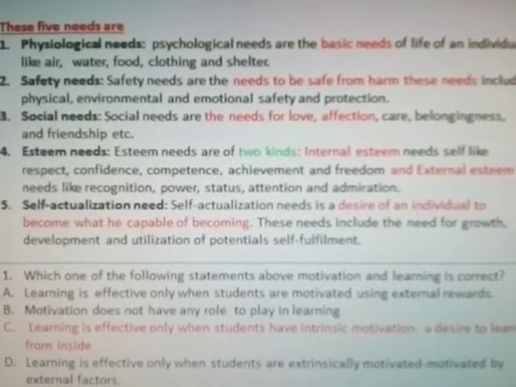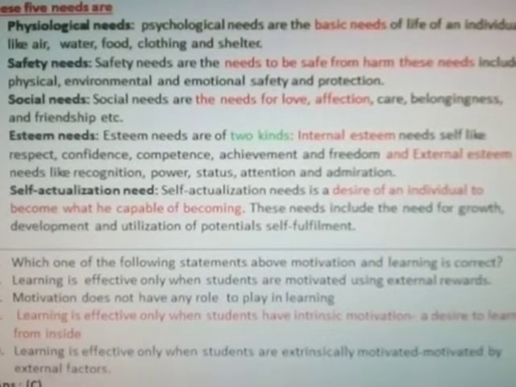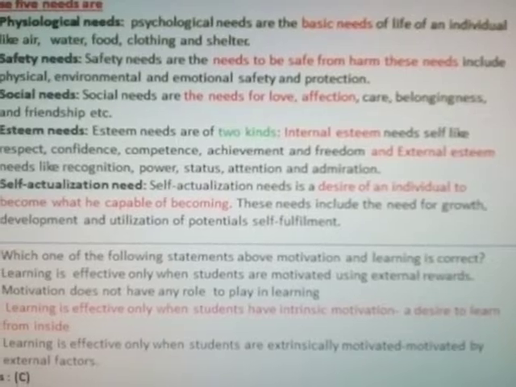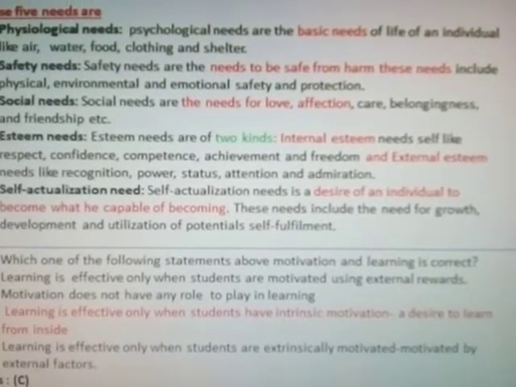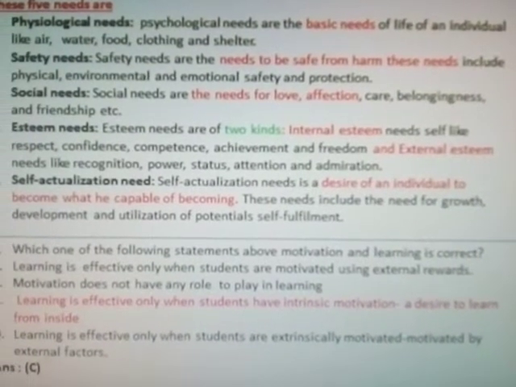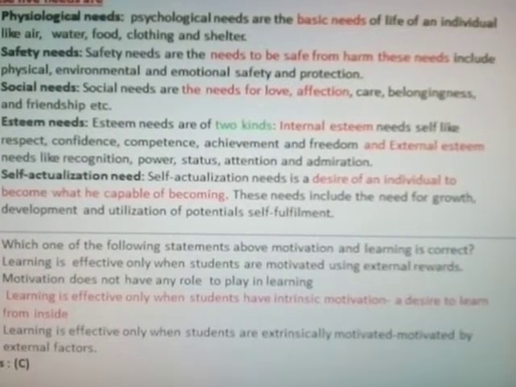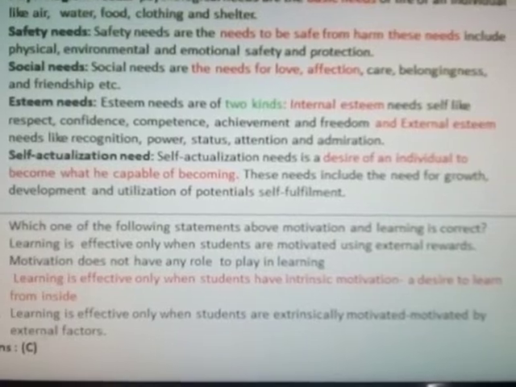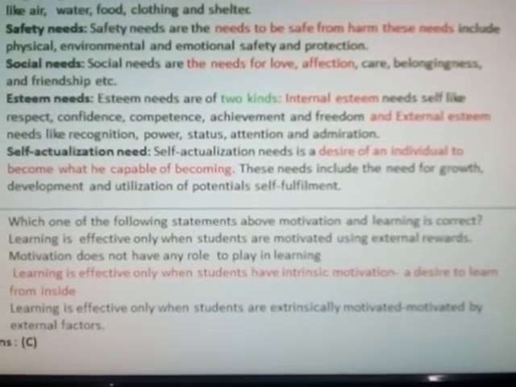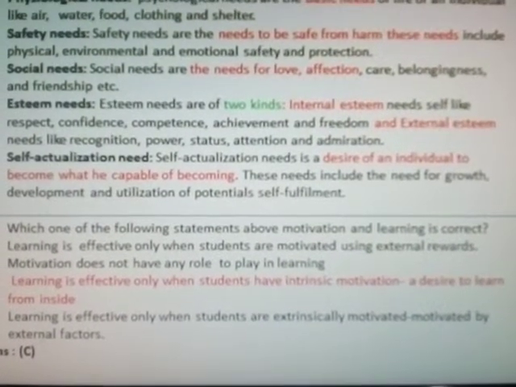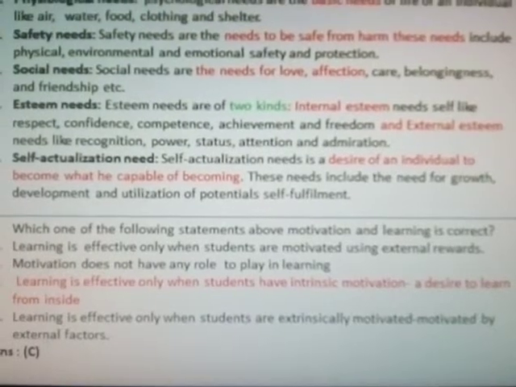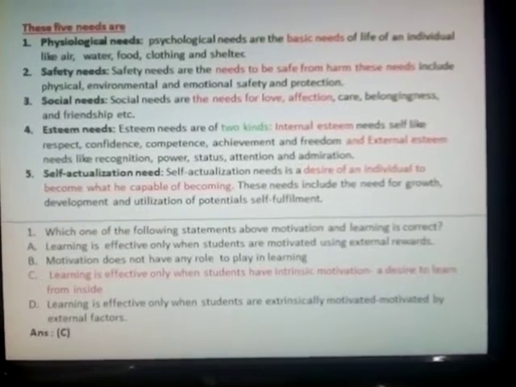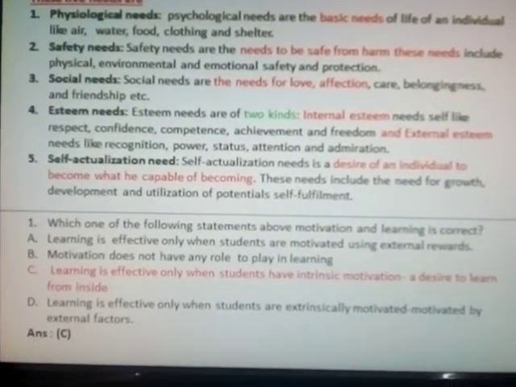Physiological needs, basic needs; safety needs, the need to be safe; human needs, social needs, the love and affection. Esteem needs: two kinds, internal and external. Next, self-actualization needs: the individual becomes what they are capable of becoming.